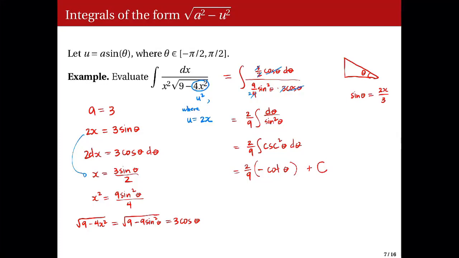We divide this guy here by 3. And sine theta is equal to opposite over the hypotenuse. So the opposite, we have 2x, and then here is your denominator. This will be your hypotenuse.